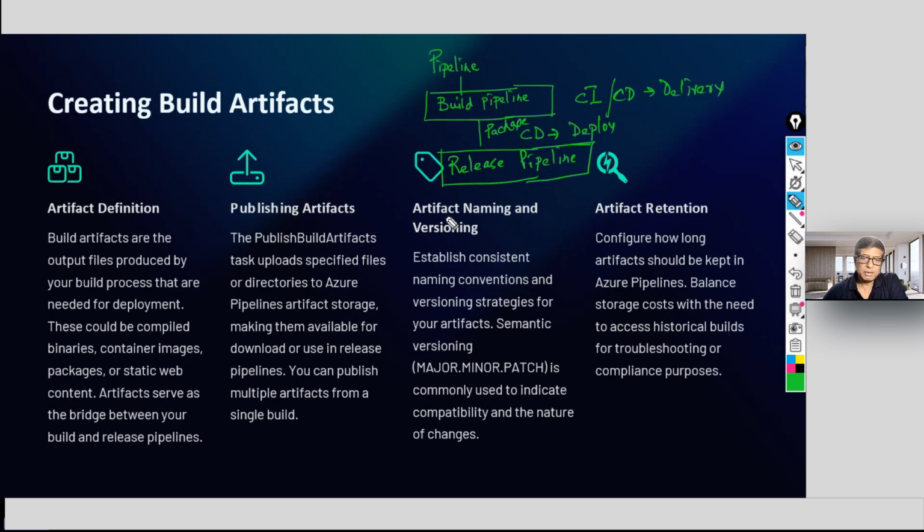So you will name and version the artifacts like major, minor, patch, or you may say release. It depends on your nomenclature. It depends on company to company. Release 0.1, and then that is a draft. You can say draft, or better to say synopsis.